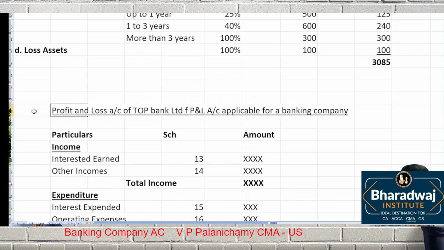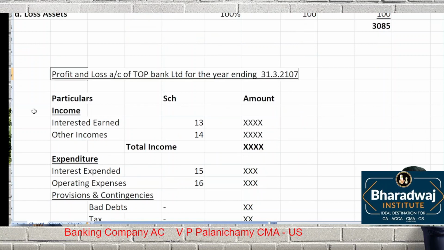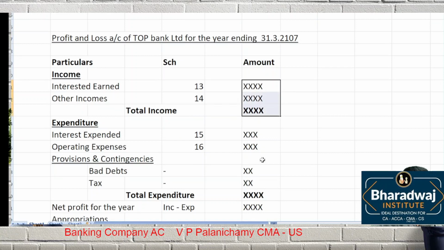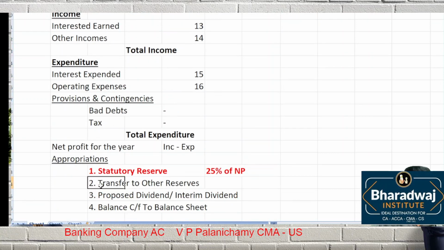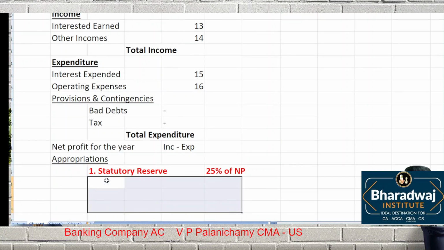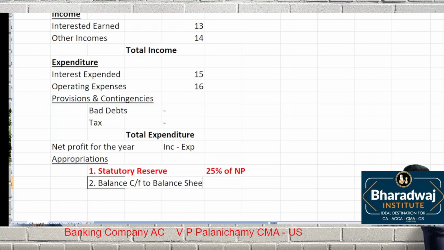Because the format cannot be changed, and this is applicable only for a banking company. For this it may take around one page. Then we have to prepare the schedules like schedules 13, 14, 15 and 16.